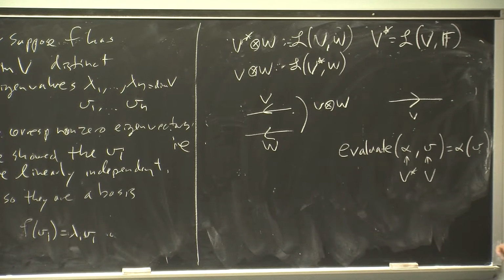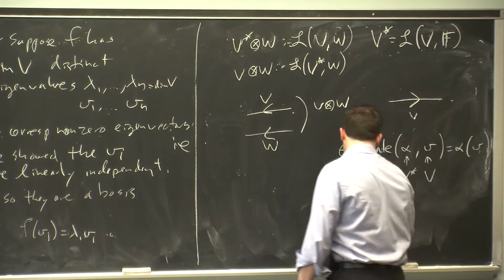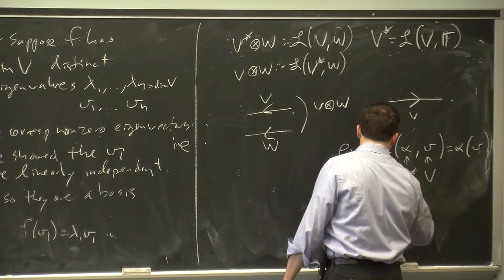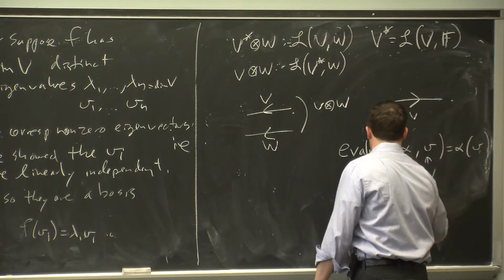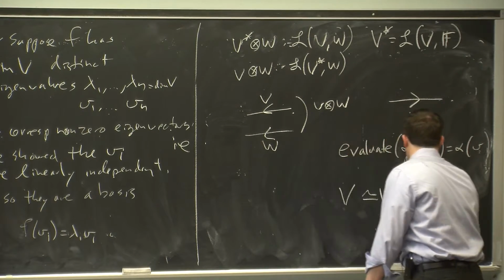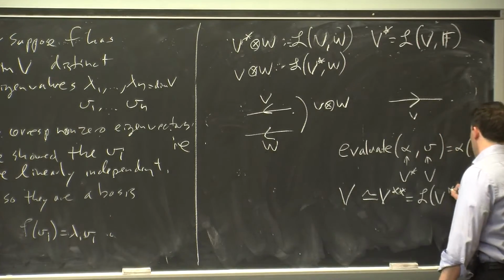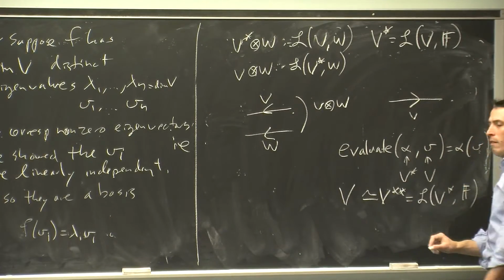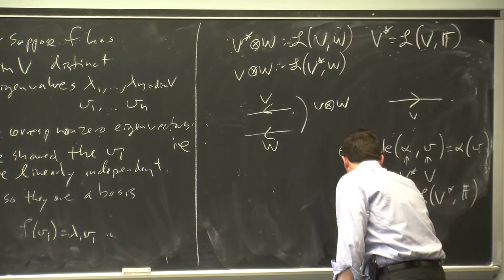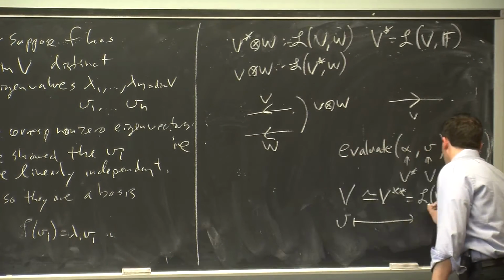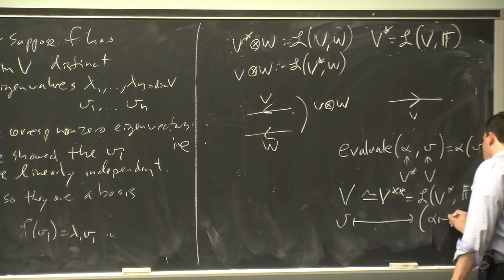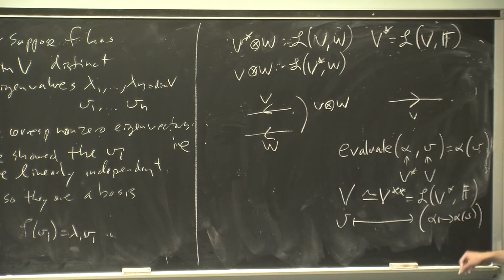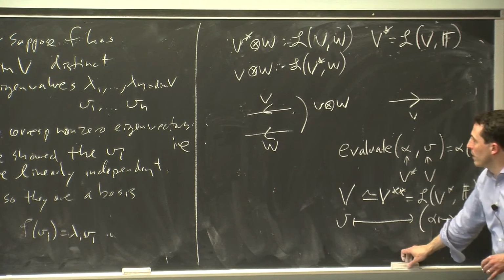That was how I created an isomorphism from V to V star star, which is equal to the space of linear transformations from V star to F. And that is the vector V maps to alpha gets sent to alpha of V. That's this idea of evaluation. So evaluate eats a V star and a V, and it spits out an alpha of V, a field element.